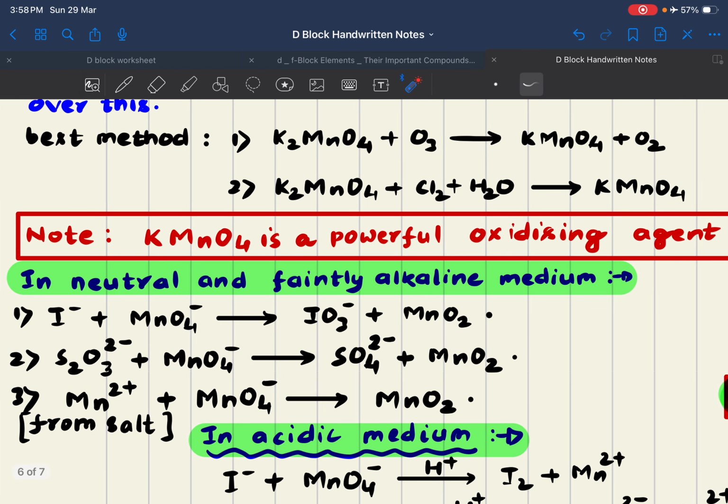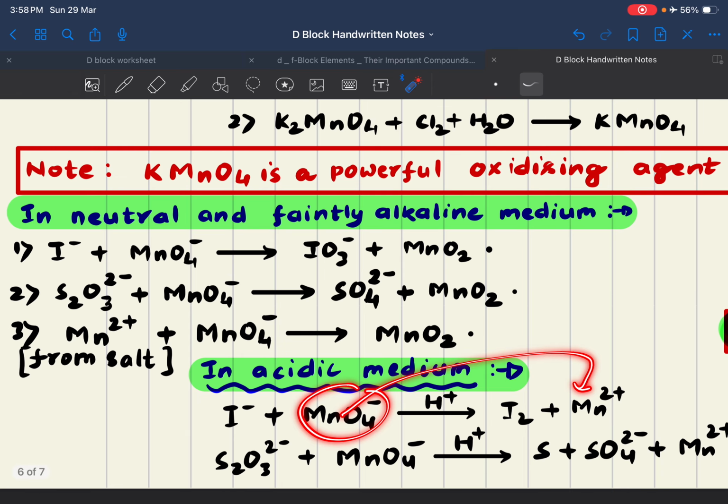So there is again one characteristic about manganese. In neutral and faintly alkaline medium, the MnO4 minus, the permanganate ion, changes into MnO2. In acidic medium, it changes into Mn2+.